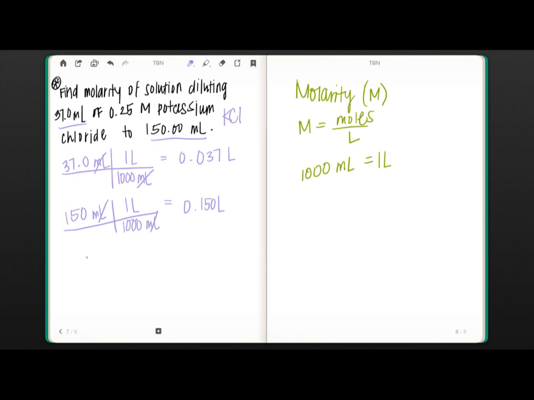But to be all scientific, let's say you have a beaker filled with KCl in solution, and then you add H2O, tons of water, to this. Your beaker is filled up to that 37 mil mark.